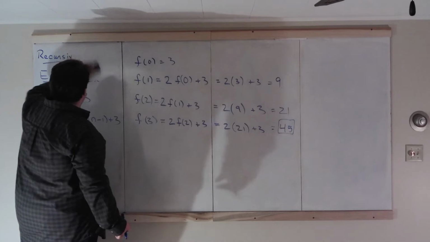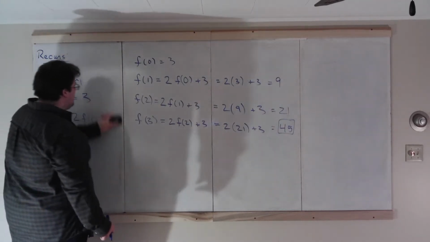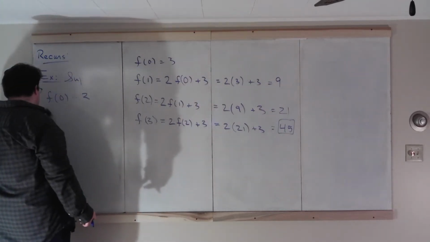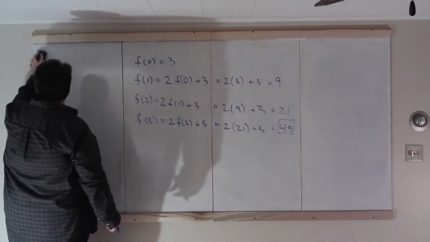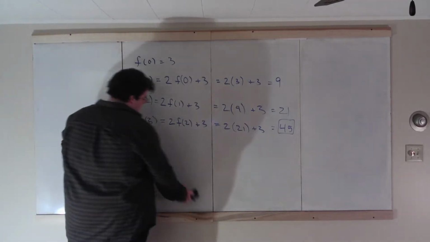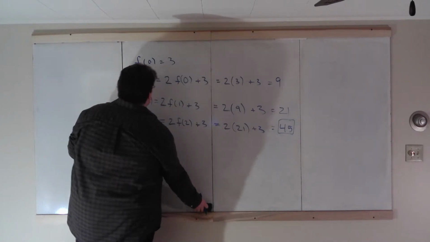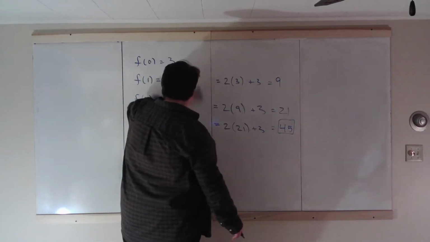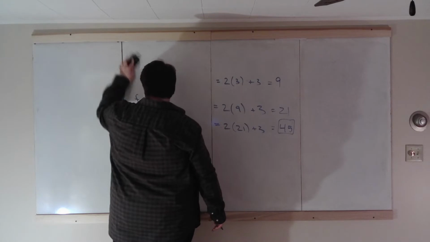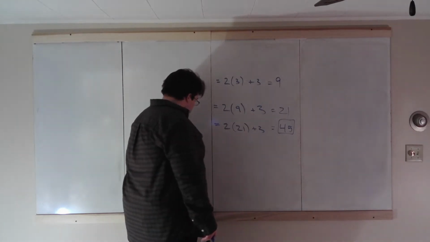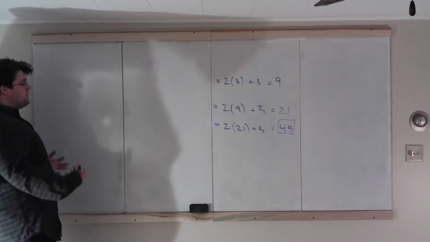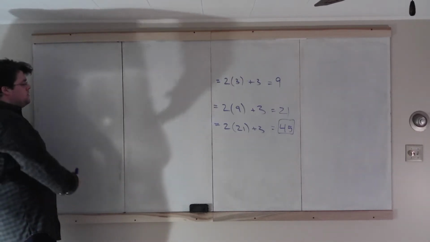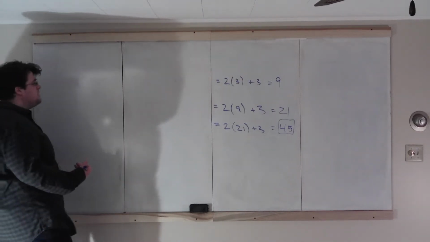Now, a recursive setup could look different than that. So let's look at something else. I'm going to need 2 boards, I think, for this. So next we're going to consider an array of numbers which is defined recursively.